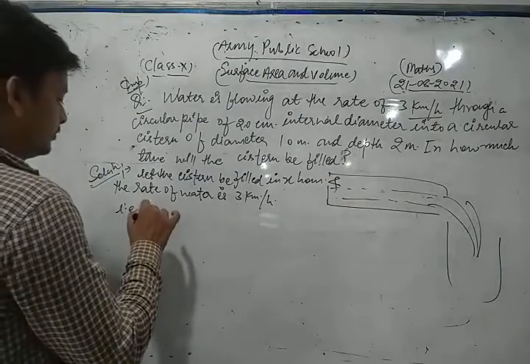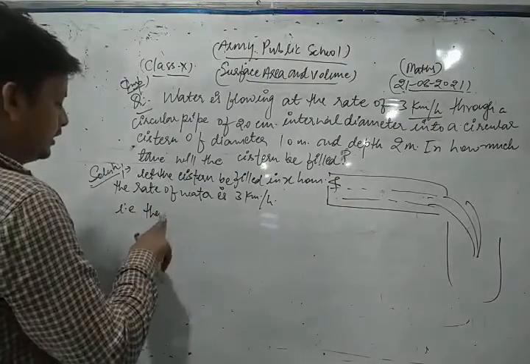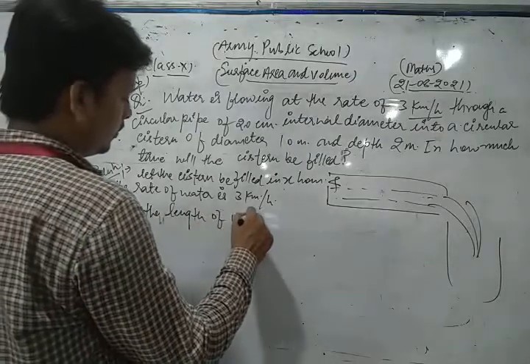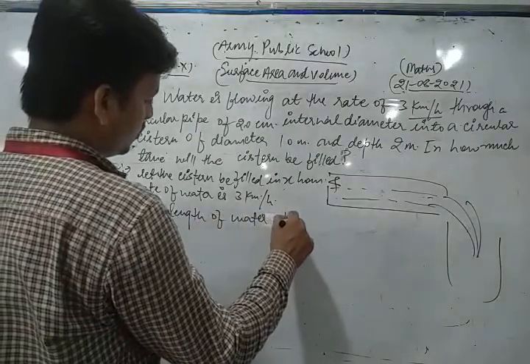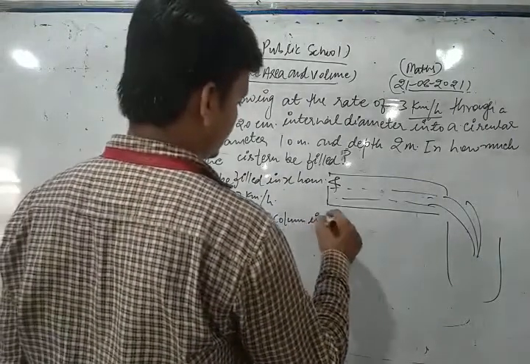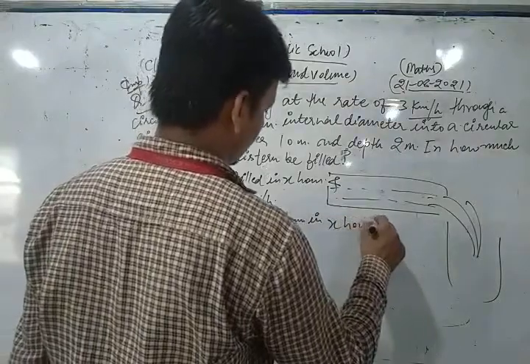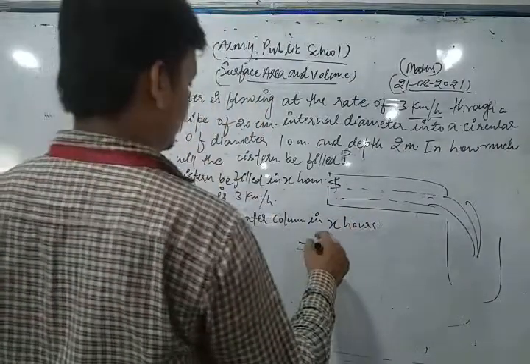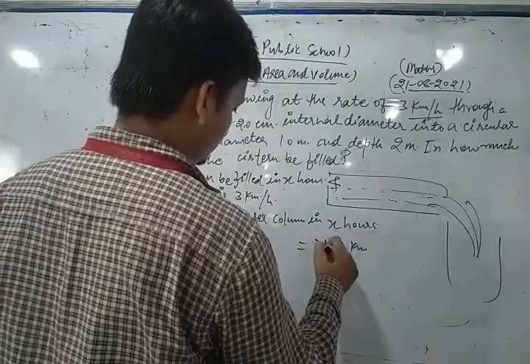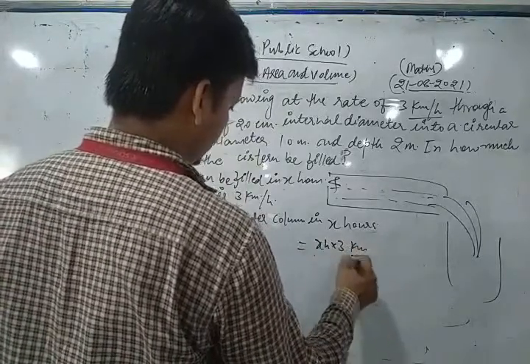The length of the water column in x hours is x hours into 3 km per hour, the hours cancel.